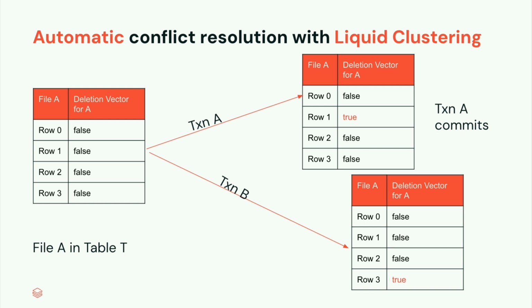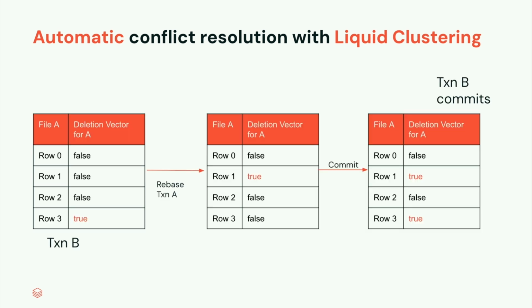But transaction B, previously, without row-level concurrency, it would have failed, making you retry. But with row-level concurrency, we're able to actually rebase transaction B on top of the committed transaction A. And how that works is you take the deletion vector for transaction B, you also take the deletion vector for transaction A, you combine them, and you write out a single deletion vector that reflects both transaction A and transaction B, and then you commit. So no conflicts anymore.